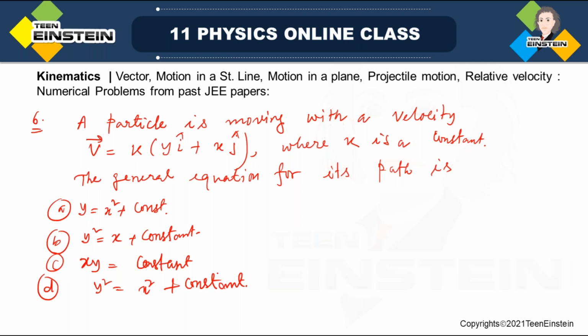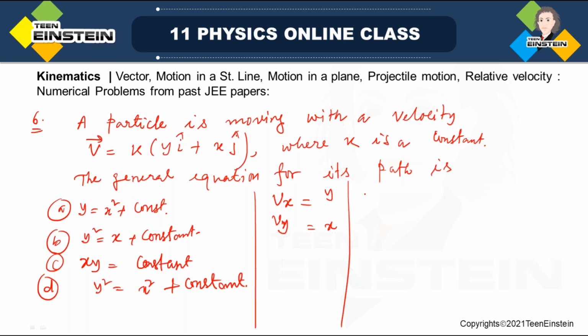Okay, so what do we do for this? What is given? Velocity is given. Let us say the component of velocity along x direction is y, and Vy is along x, right? Now look what we can write.